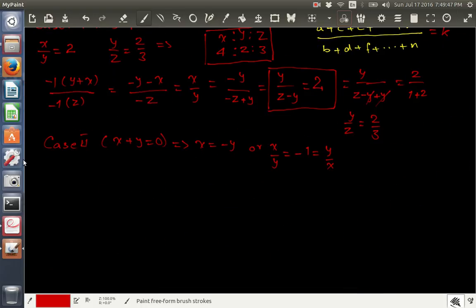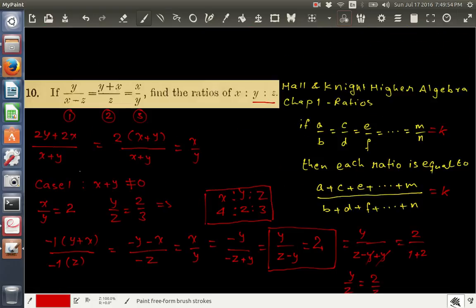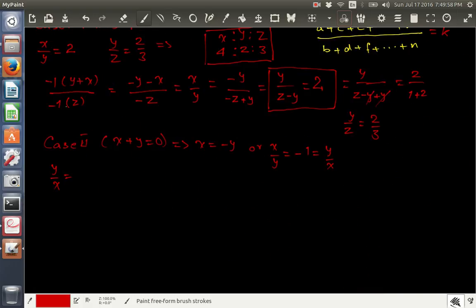So you take the reciprocal of ratio number 3, you get y over x, and you take the reciprocal of ratio number 1, so you get x minus z over y. Now you distribute this ratio, so you get x over y minus z over y.